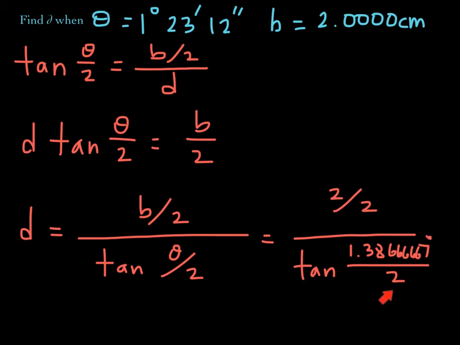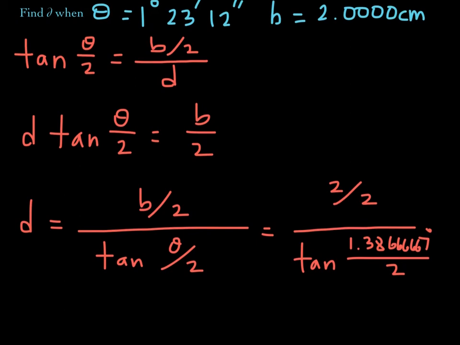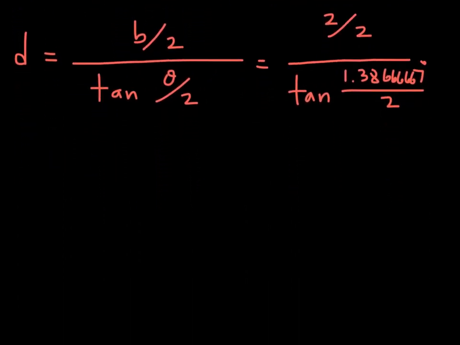Now you want to be very careful when you punch all this into the calculator. Let me just keep on going here. So then D would be really equal to just 1 over tangent of, and what I'm doing here, guys, is going little by little, okay?